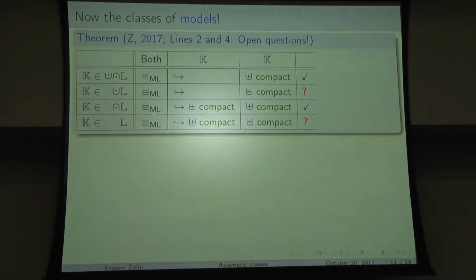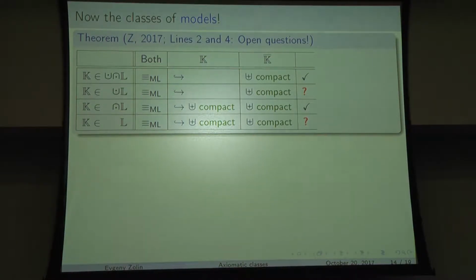So in this table, only lines 1 and 3, which are marked by the check mark, are theorems, and the others are just copied from the first and the third. And information in them is not enough to give the criteria. So the question is open.